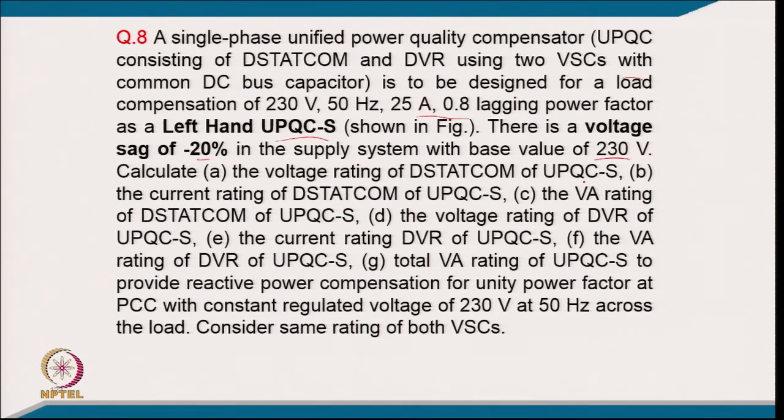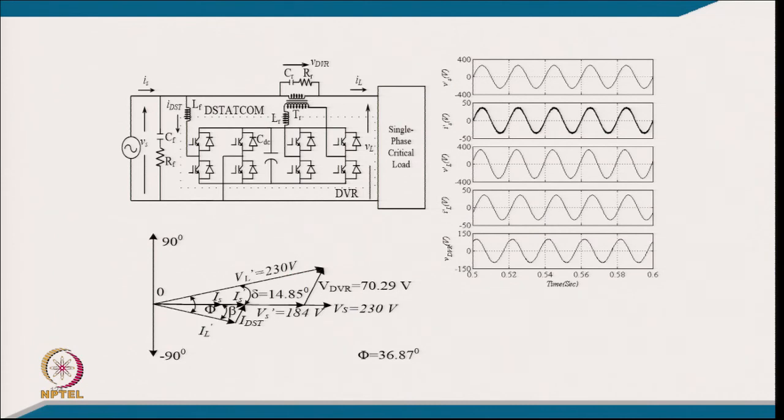Calculate the voltage rating of the DSTATCOM of the UPQC, current rating, and VA rating of the UPQC, the voltage rating of the DVR, current rating of the DVR, and VA rating of the DVR, and the total VA rating of the UPQC to provide reactive power compensation and unity power factor with a constant regulated voltage of 230 volt, 50 Hz across the load. Consider the rating of both VSCs the same. So, here we are putting the DSTATCOM on the left side and the DVR on the right side. Why are we taking such a numerical? Just to see the relative values with different configurations for the same loading condition, same sag or swell conditions. So, that is typically the phasor.